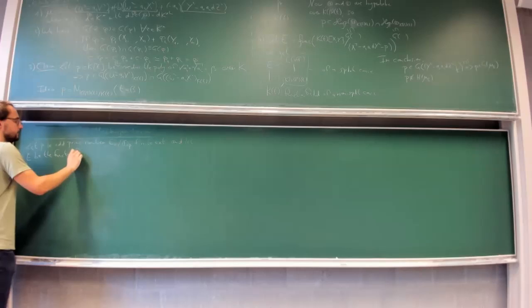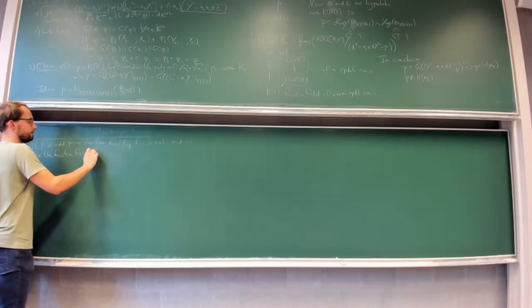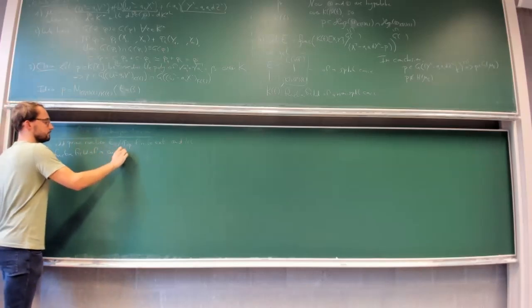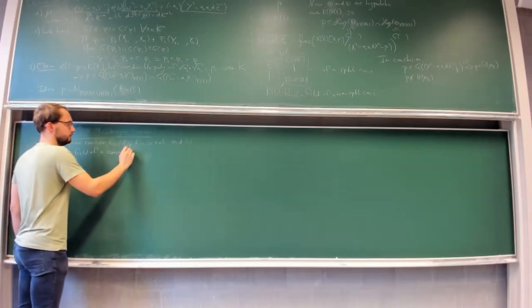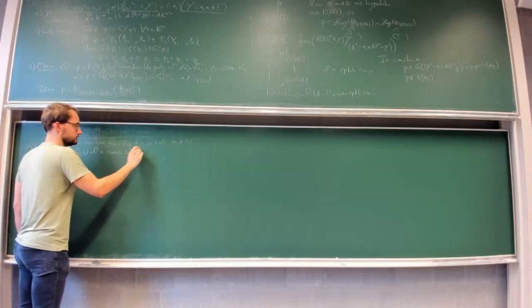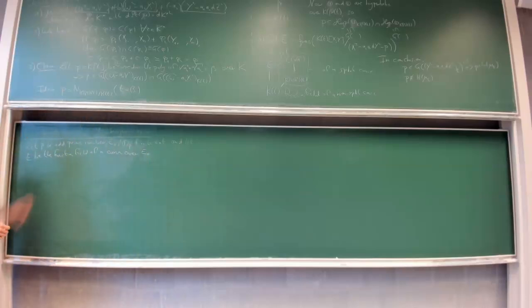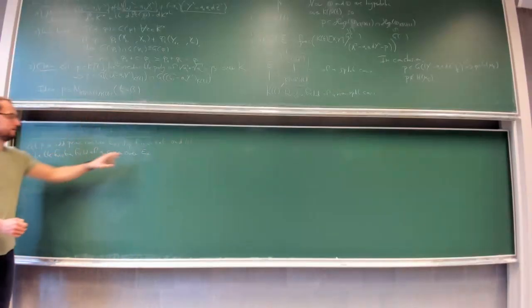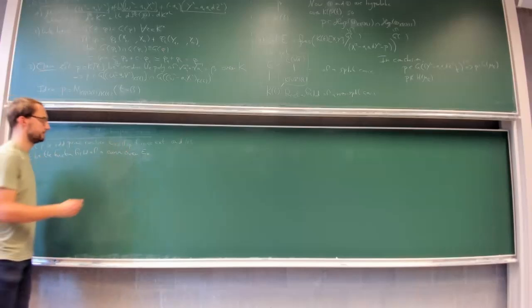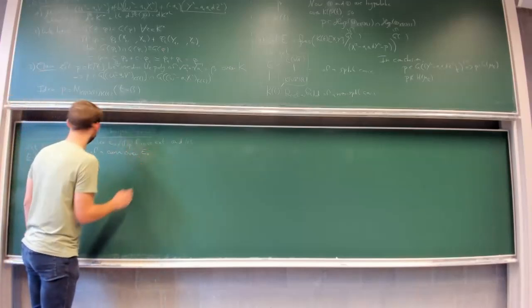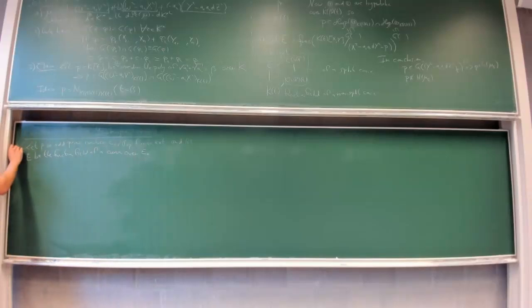be the function field of a curve over E naught. And so a transcendence degree 1 field extension over Q_p.